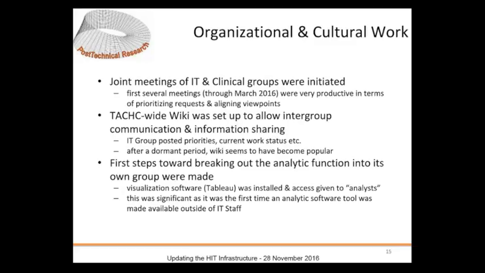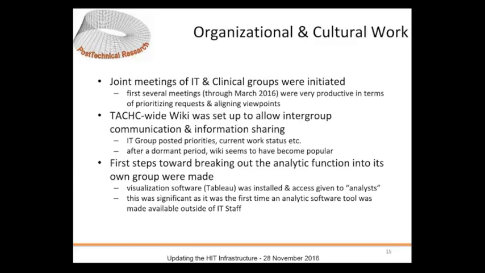So what other work did we do as we really started down this path? One of the proposals that I made was that there needed to be many more opportunities for collaboration among the groups in the association. Joint meetings of the IT and clinical teams were initiated. These meetings were very, very successful.